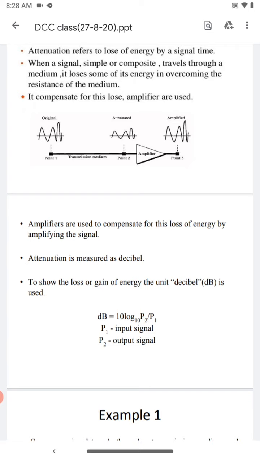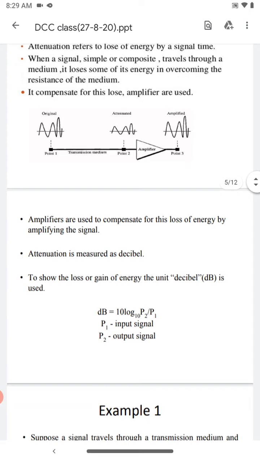Through the transmission medium, the input signal is changed, its structure is changed, because some of the energy is lost. To compensate for this energy loss, we can use the amplifier. Amplifiers are used to compensate for the loss of energy by amplifying the signal.